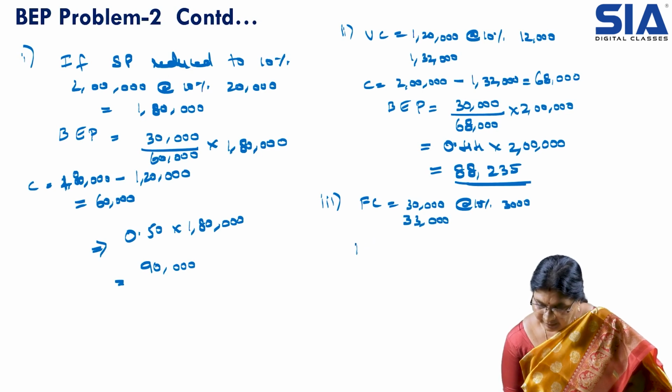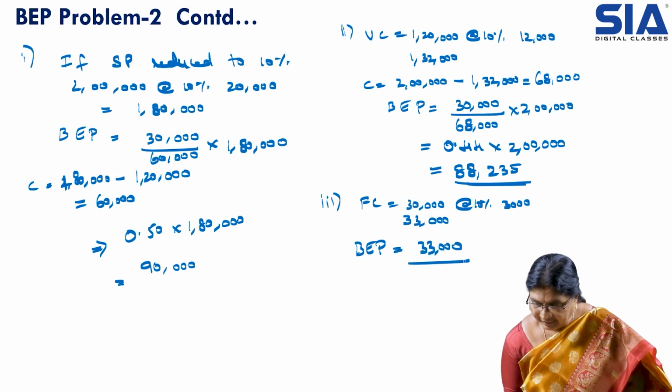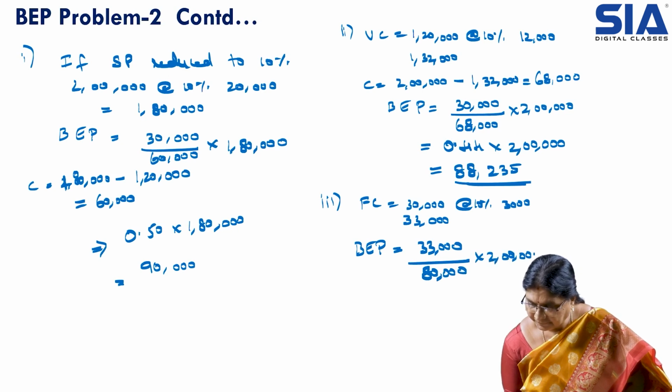Then BEP is equal to 33,000 divided by contribution, which is 2 lakhs minus 1,20,000, that is 80,000, into sales of 2 lakhs.